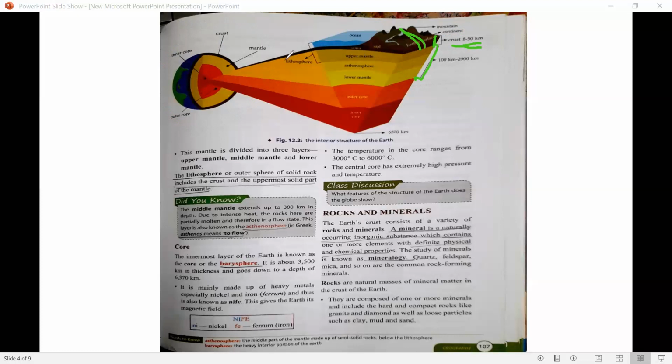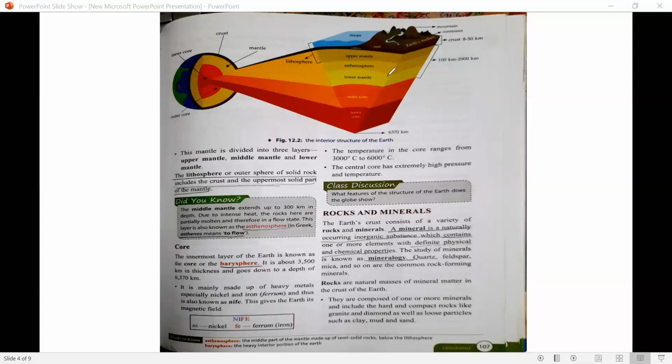Over here it is written lithosphere. Why? Because the uppermost mantle together with the crust, the oceanic crust or sima that we have learned, forms the lithosphere. So the lithosphere consists of two layers: the crust and the upper mantle, not the lower mantle, not the middle mantle, only the upper mantle.